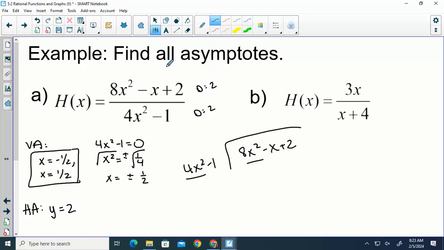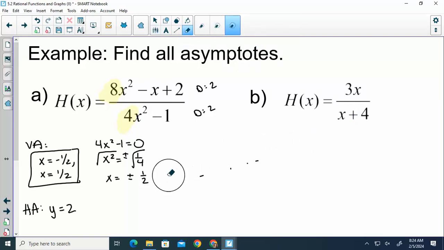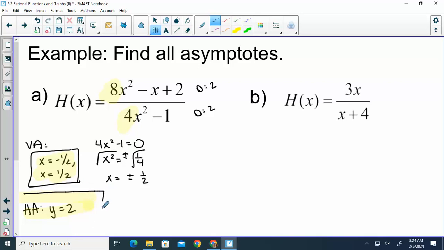We know that because the degrees are the same, so all we have to do is divide those leading coefficients. 8 divided by 4. And if it has horizontal, then there is no oblique, so we don't have to do anything else.